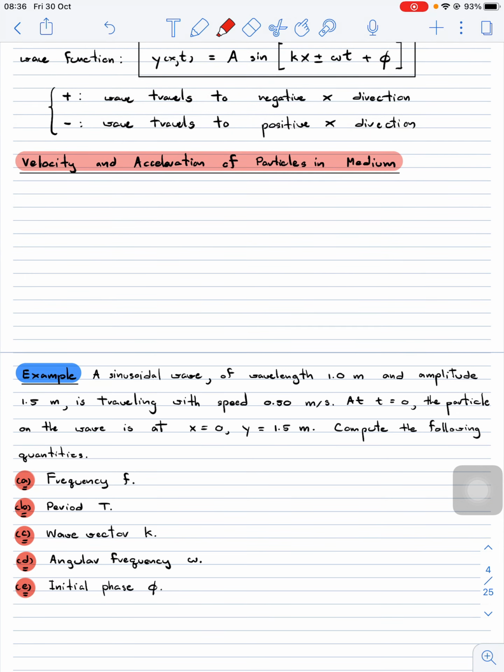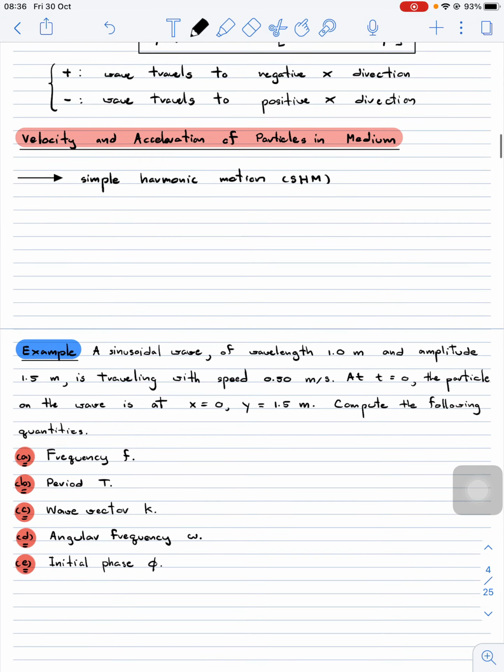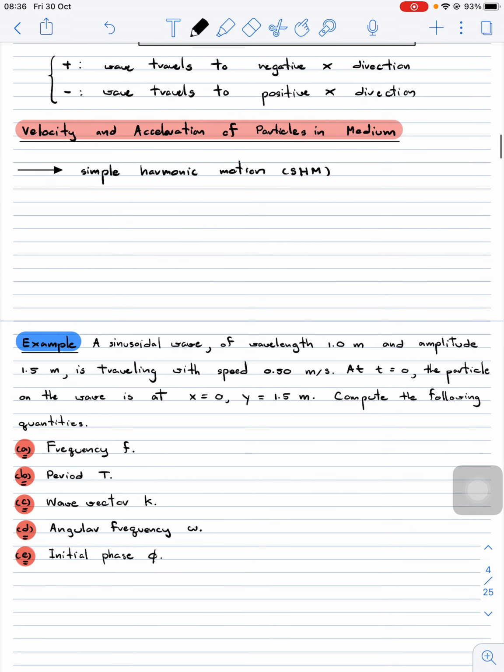As we just mentioned before, it's going to behave as the simple harmonic motion, or the SHM. So it means that we can find the velocity of the oscillation.